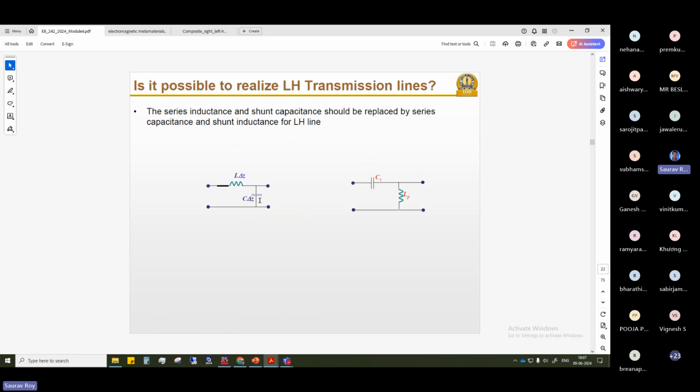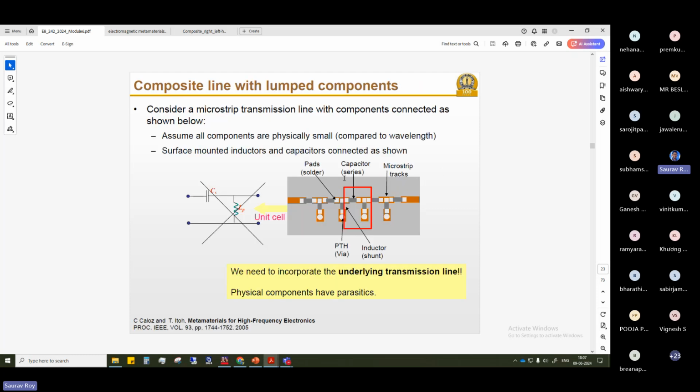Because with a normal transmission line or microstrip line, we cannot do it. It is not possible. So we can use lumped components here. You can refer to this paper from Caloz, which is as old as 2005.